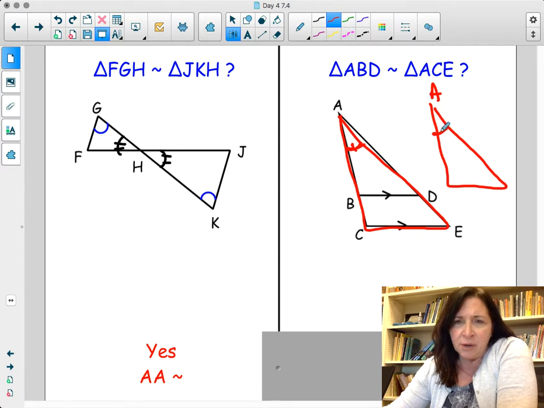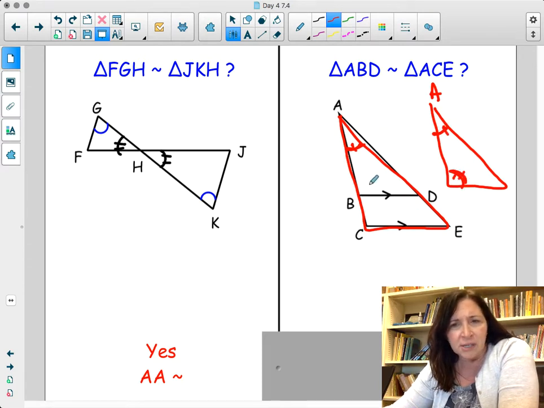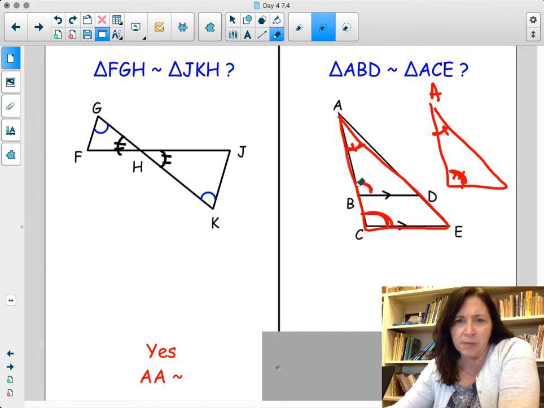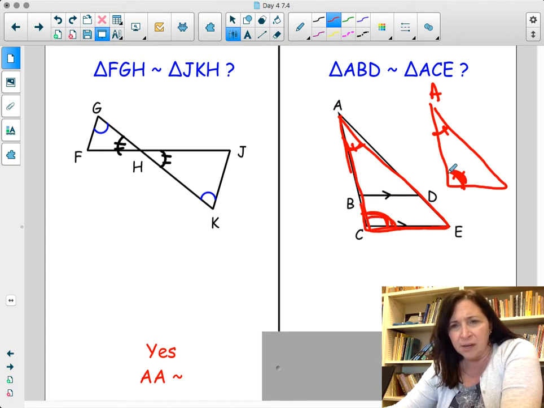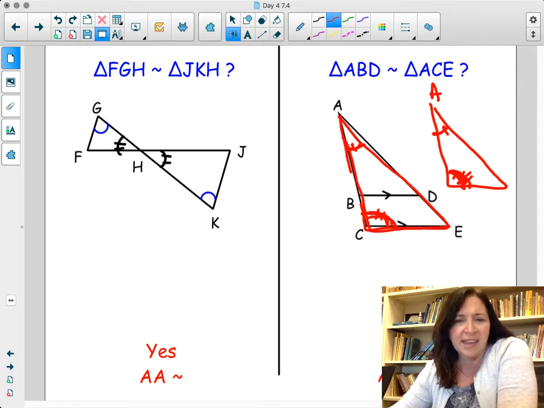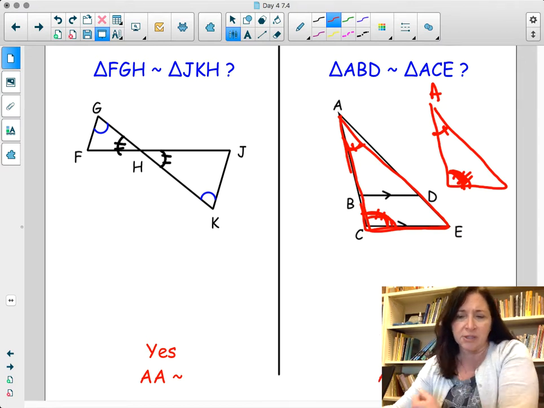You also have this angle here, which is a corresponding angle. You have that angle congruent to the one in the big triangle. So in the large triangle, you've got this base, and then here you've got this angle. Those are corresponding angles. So that's again the angle postulate.